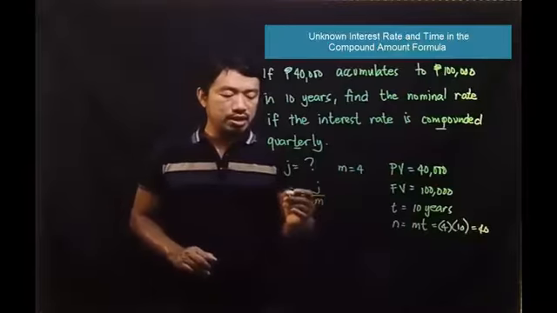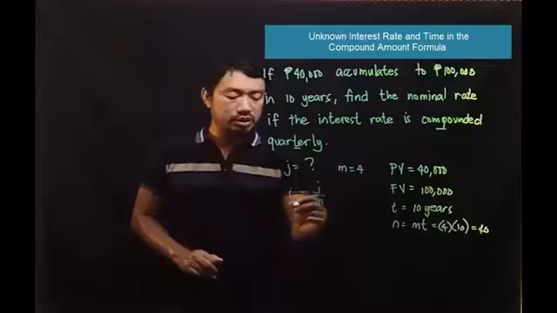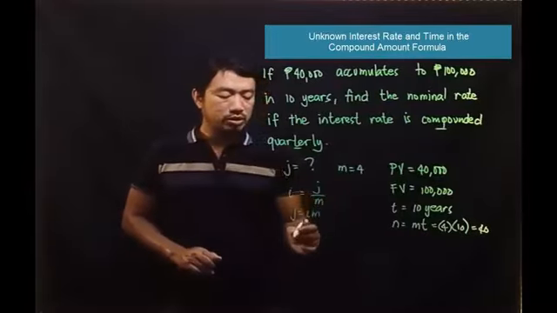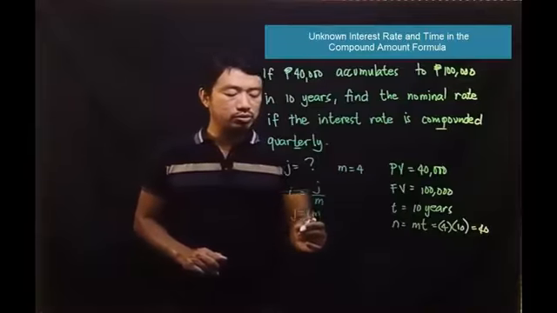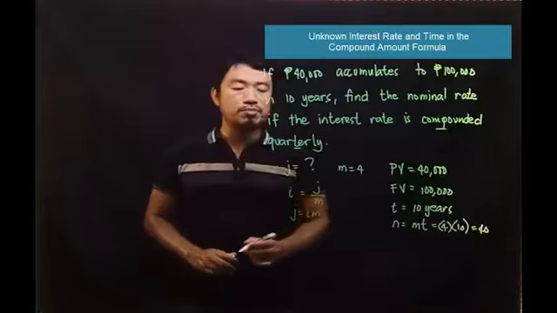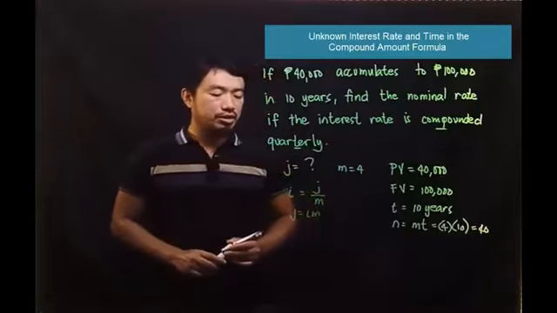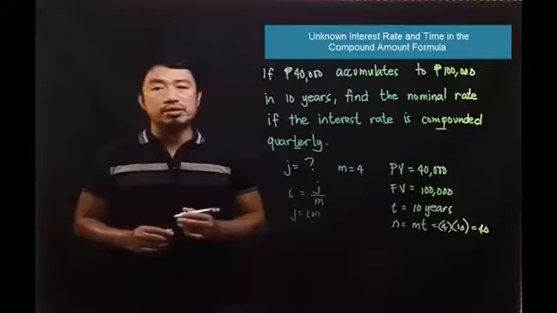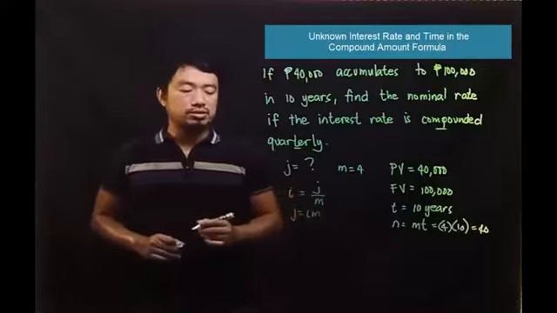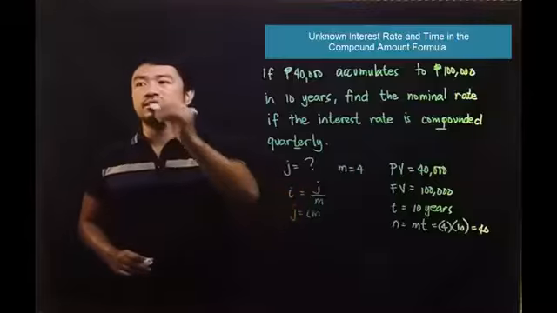Cross multiplying M to I, therefore J is equal to I times M, or the nominal rate is equal to the interest rate per period times the number of compounding periods in a year. Now, we're going to derive the formula for the interest rate, or the formula for I.